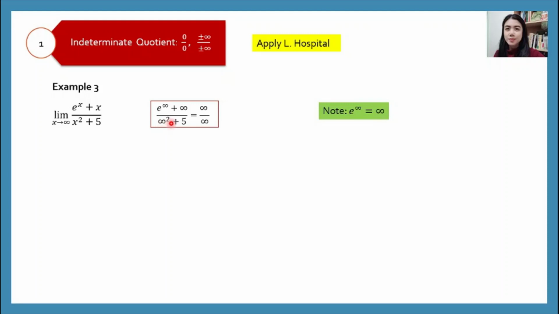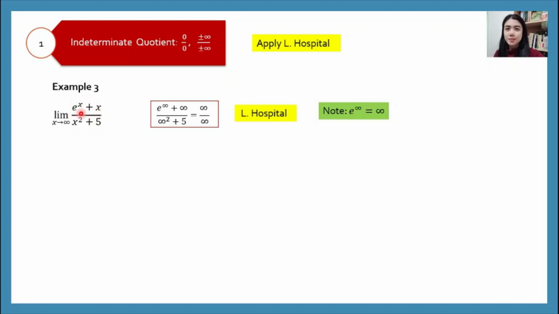Infinity squared gives you infinity also. Infinity plus 5 gives you infinity back. So basically we end up with infinity over infinity also. So we're going to apply L'Hopital rule. L'Hopital rule says that you have to differentiate the numerator and denominator together. So what happens if we differentiate the numerator?